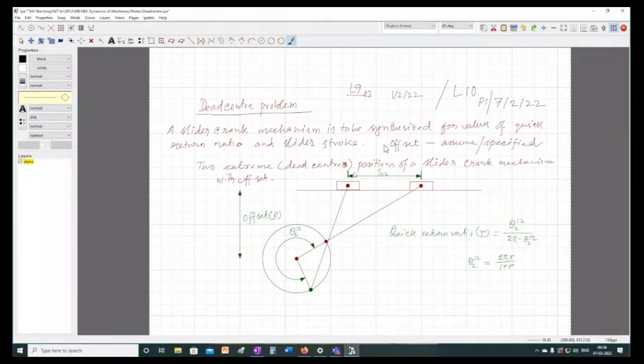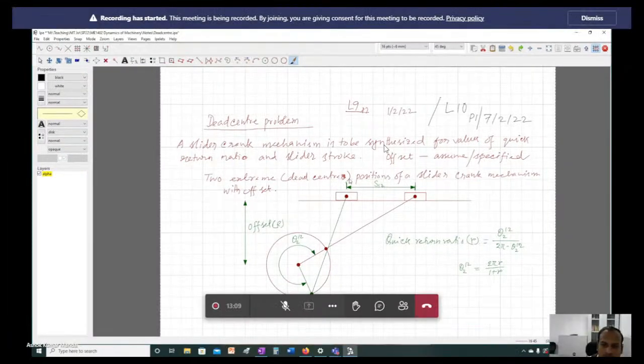So in our last class I drew this and said that these are the two extreme positions, and from these two extreme positions you have to find out the link lengths. If this is the crank length and this is the coupler length, the same length should be there for the coupler and crank for this position.